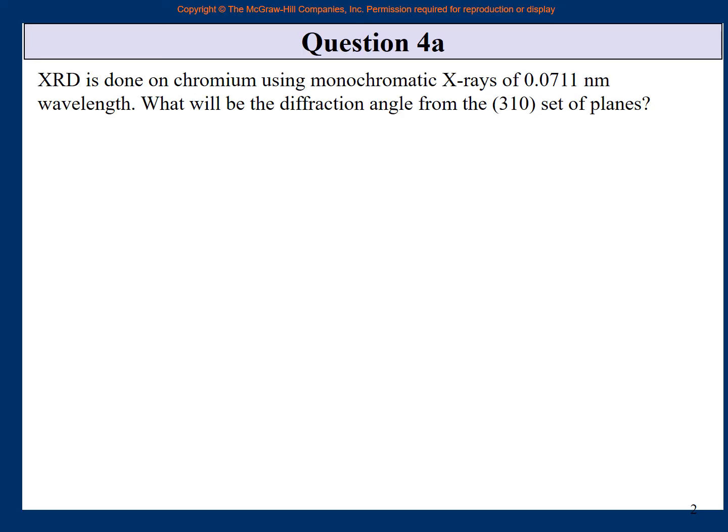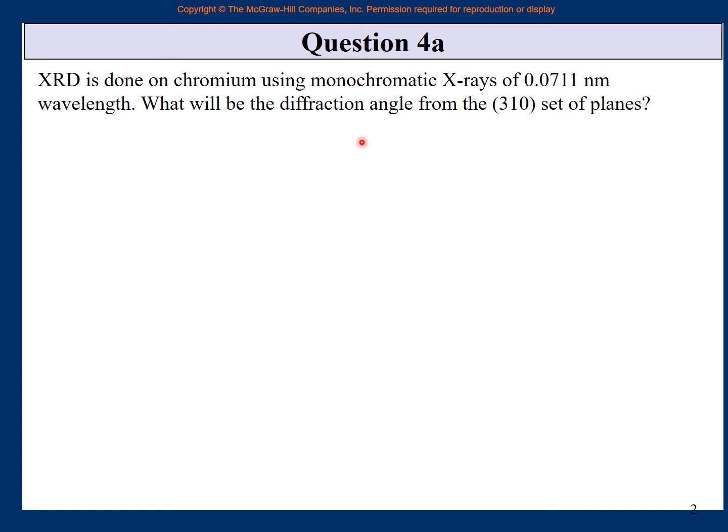Let us go to the next question, question 4. XRD, X-ray diffraction, is done on chromium using monochromatic X-rays of 0.0711 nanometer wavelength. What will be the diffraction angle from the 310 set of planes?